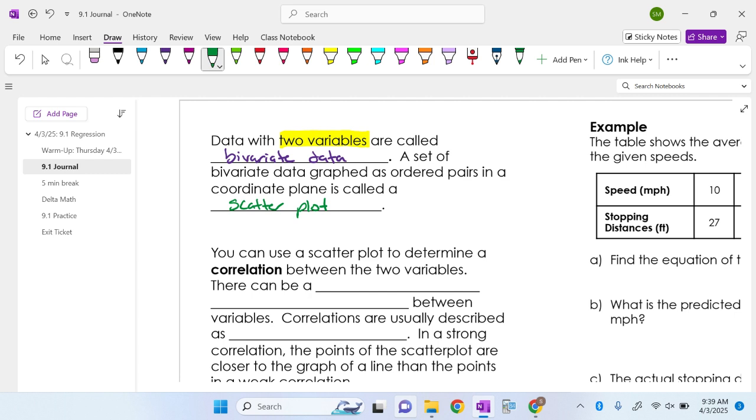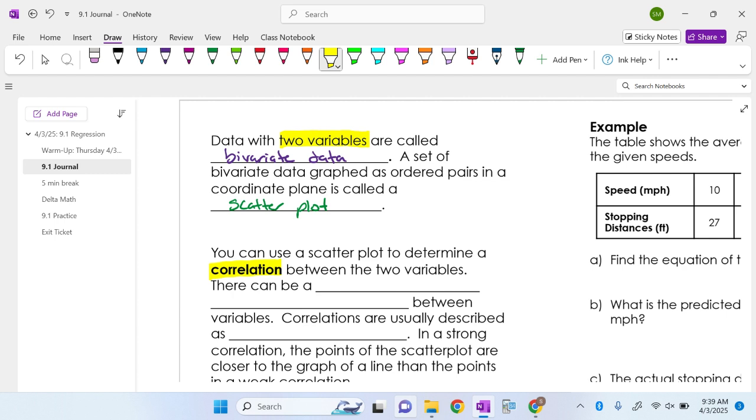Now, you can use a scatter plot to determine what we call correlation, or how the two variables relate to each other. These two variables may be representing something different, for example, speed and distance or time and height, things like that.